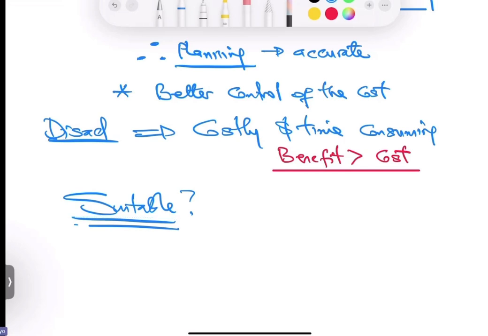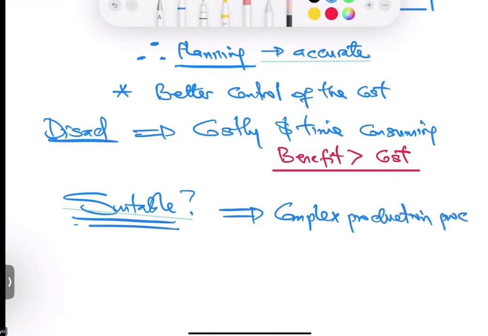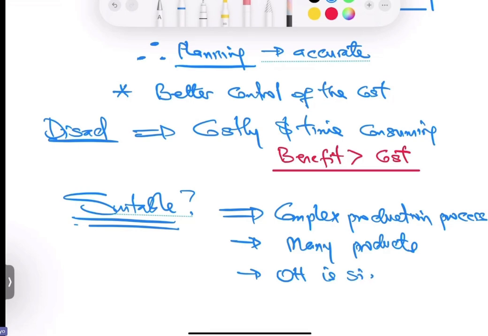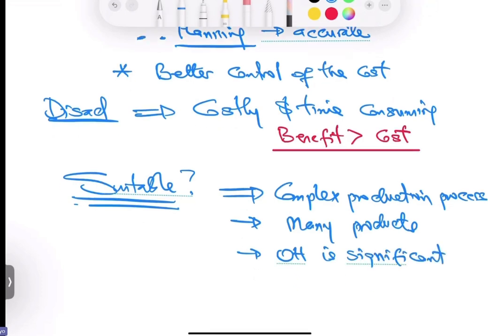If you're going to use activity-based budgeting, you use it in an environment that has a complex production or manufacturing process, where there are many products involved. And likewise, overhead must be significant, because those are the things that will really ensure that we get value from the process.